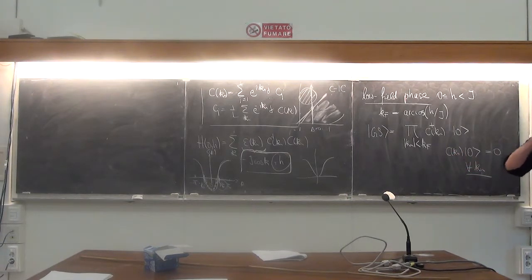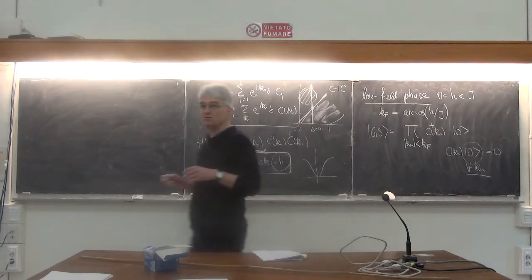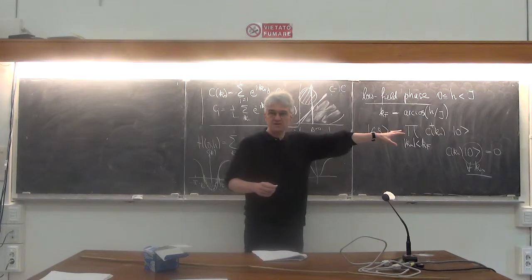By abuse of notation, typically what you do is you say, I take this into account. Let's say I consider my ground state in the sector with even number of fermions. Then you build the ground state from the fermion vacuum in the sector with even number of fermions by acting, etc., etc.